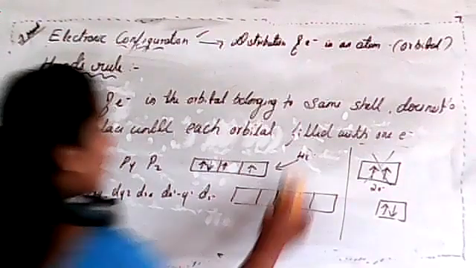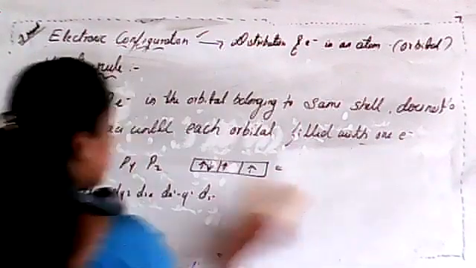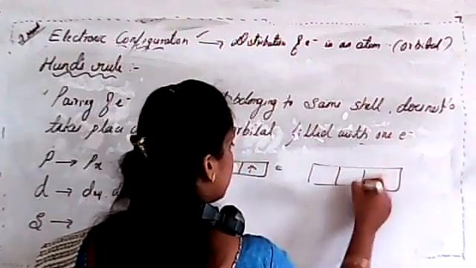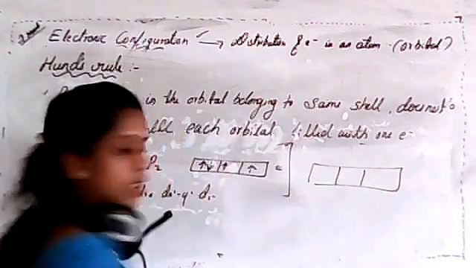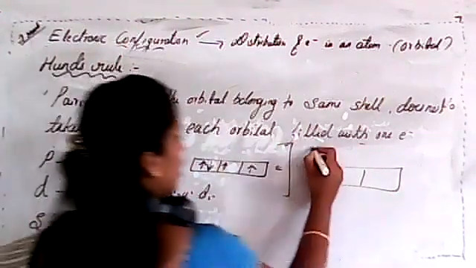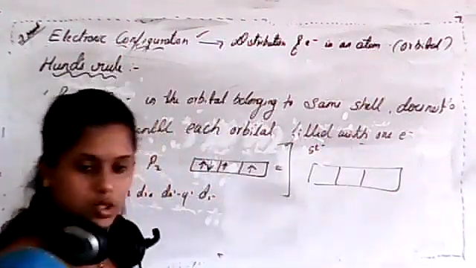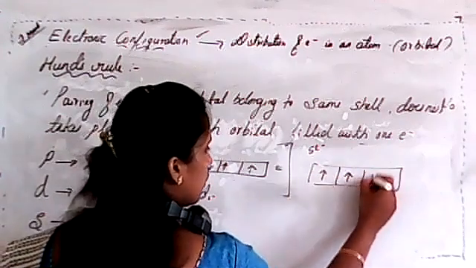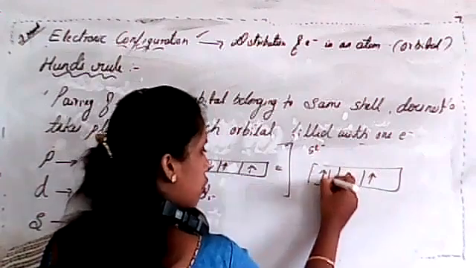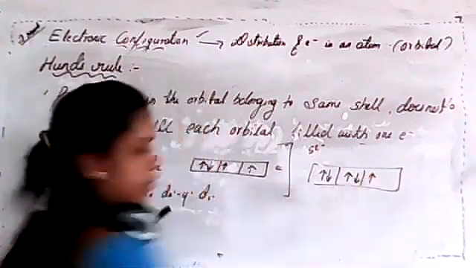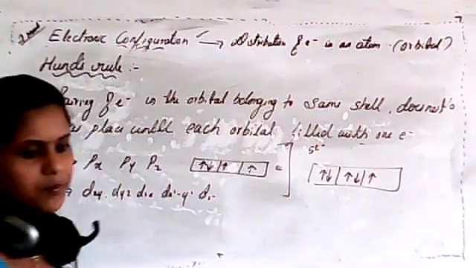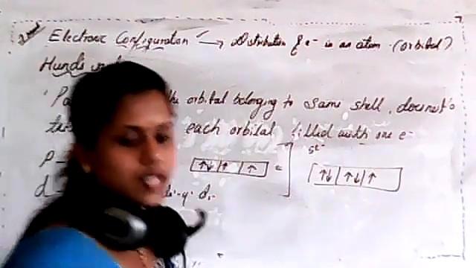Again, I'll consider 5 electrons in a p shell. You have to fill 1, 2, 3, after that 4 by pairing, then 5. Is this clear, students?